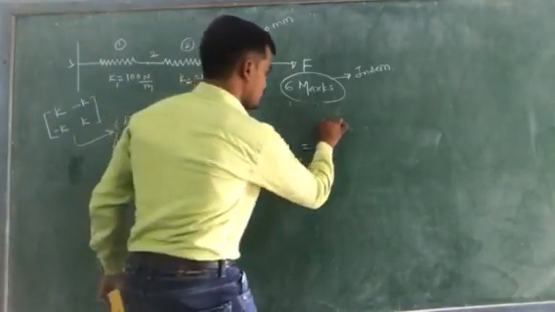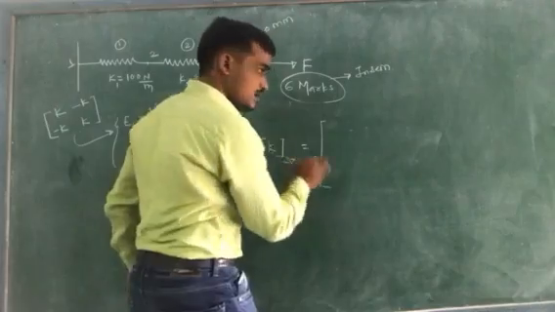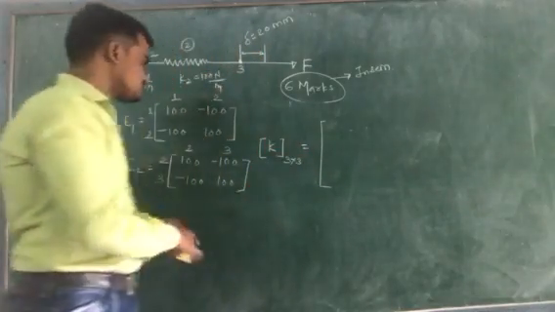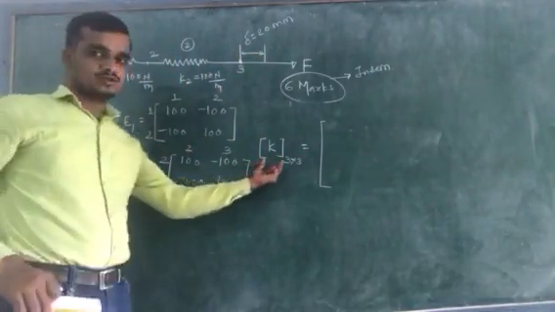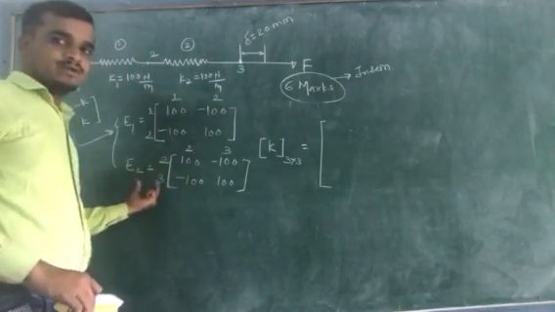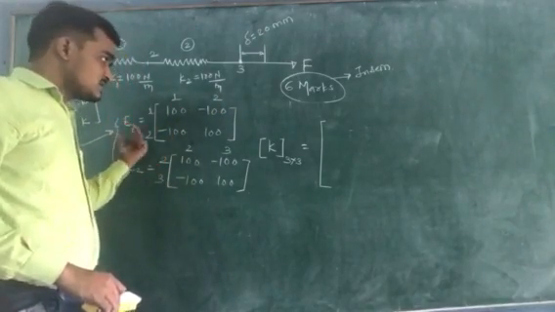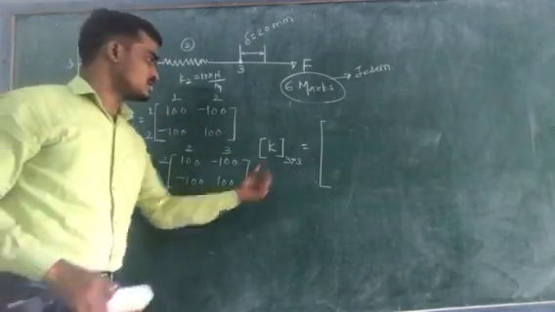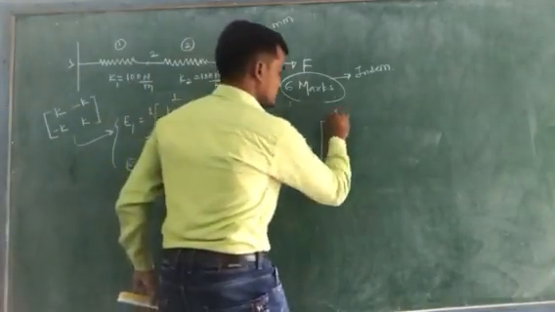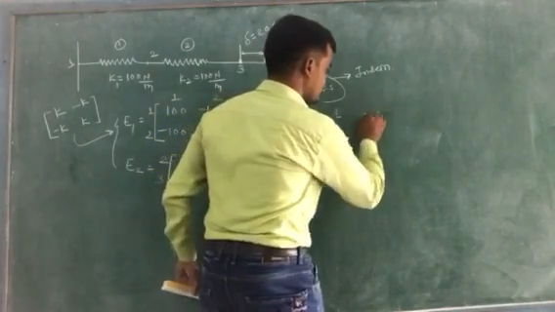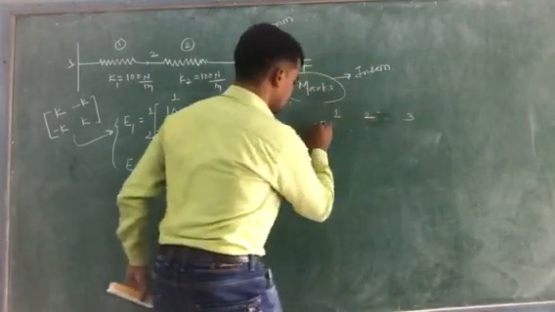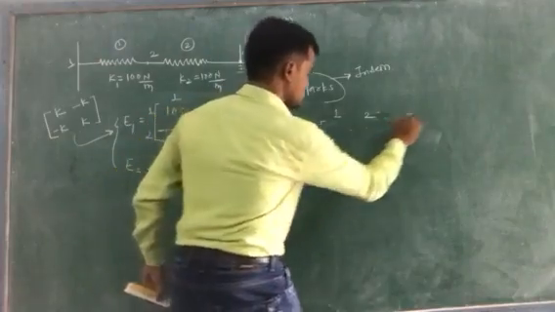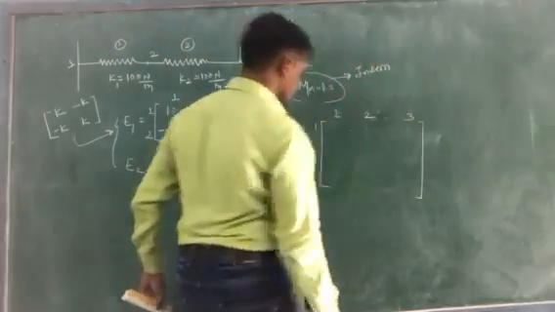It is very simple how to map or construct this global stiffness matrix by using E1 and E2, as we have discussed in previous lectures. So now we will construct our global stiffness matrix. There should be 3 rows and 3 columns because this is a 3 by 3 matrix.